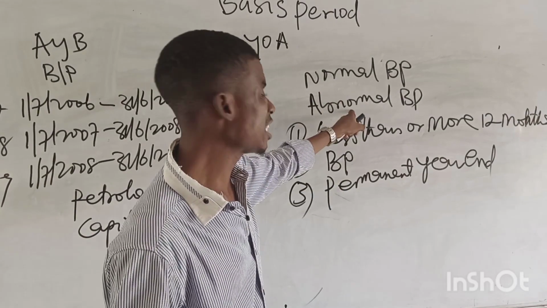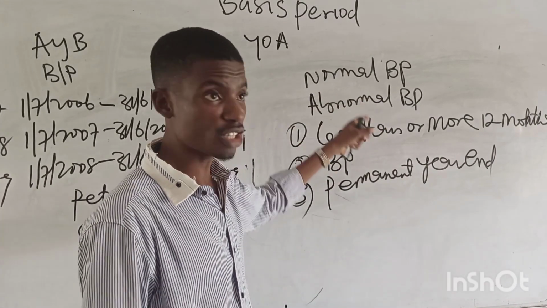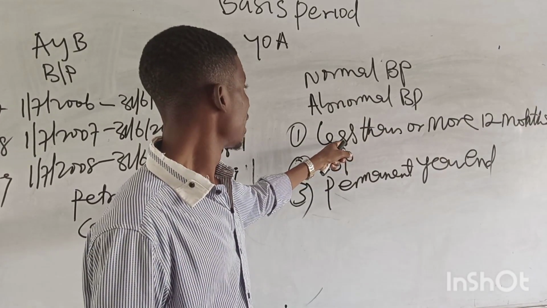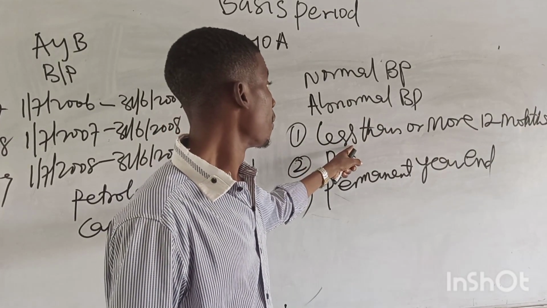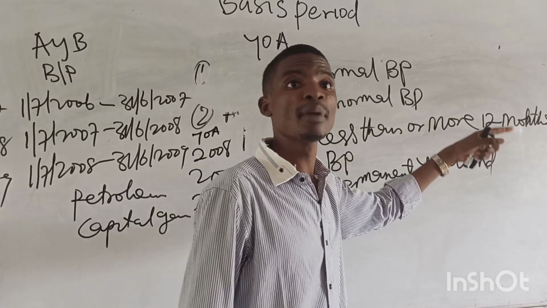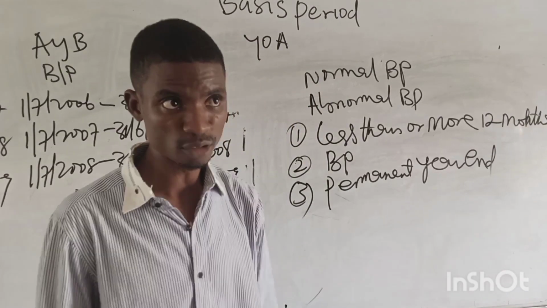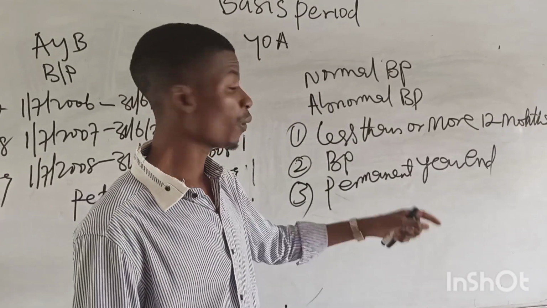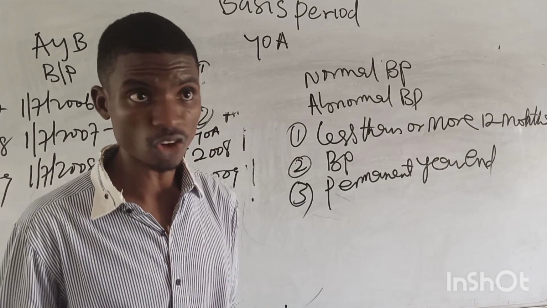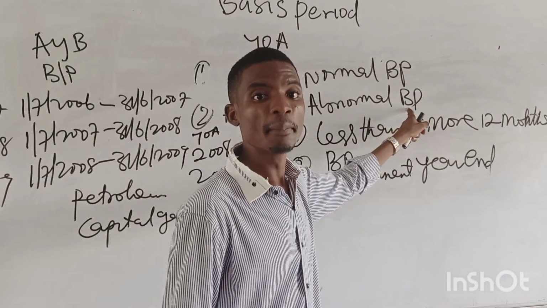While abnormal basis period is just the opposite of the normal. And what are their features? One is that the basis period may not be up to 12 months. It can be more than 12 months or less than 12 calendar months, and when such an occasion occurs, we say that there is an abnormal basis period.